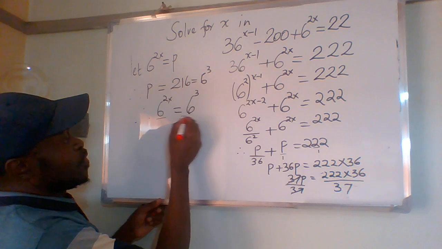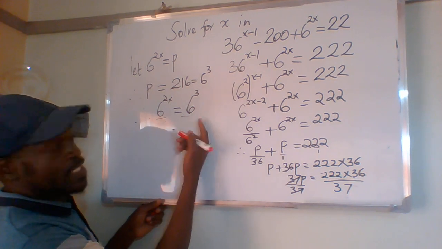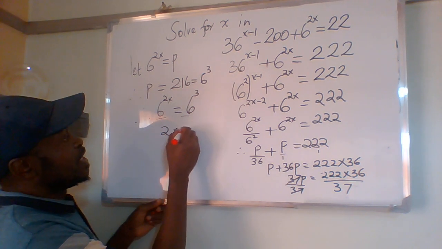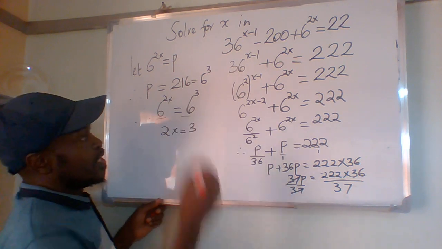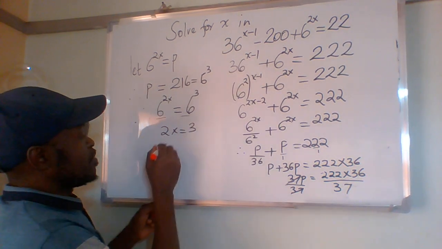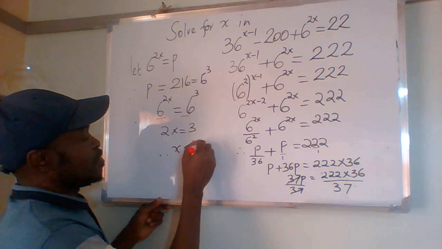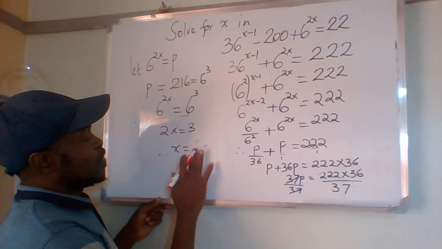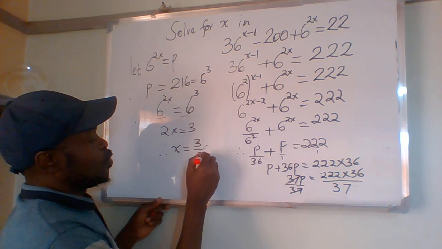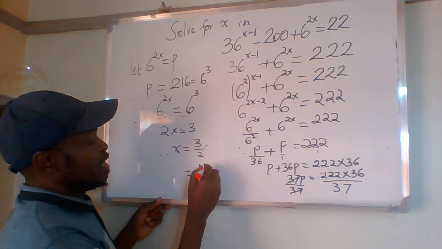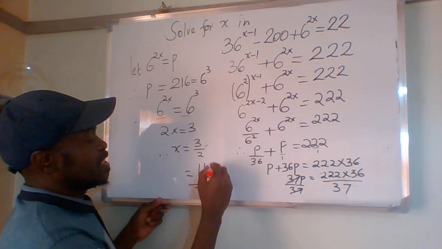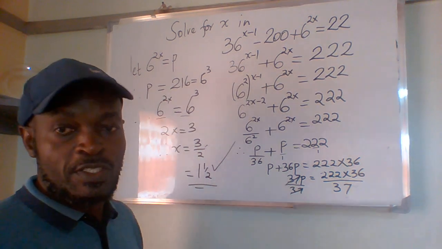Now when we have such an equation, the bases are the same. If the bases are the same, then we are free to equate the powers, and therefore our x becomes 3 over 2, which you can write as 1 and a half. This is the solution to our question.